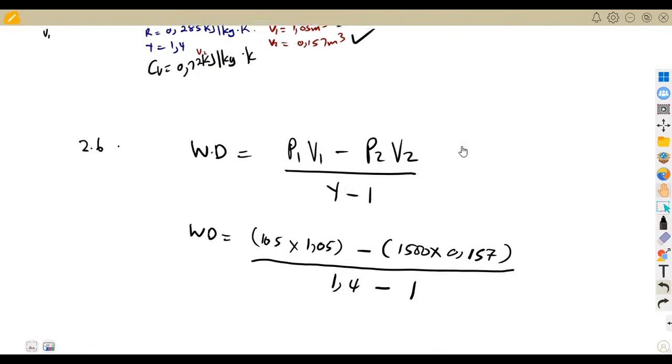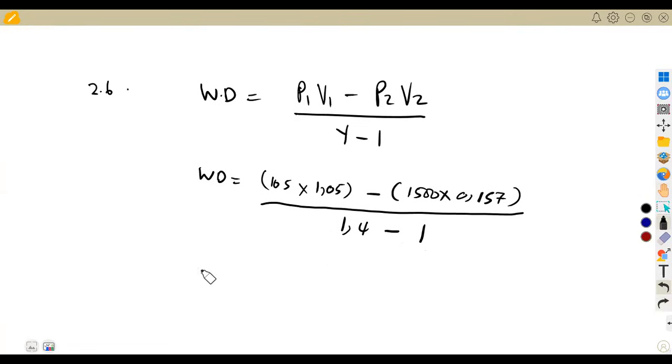So this is going to give us the work done if we apply this formula directly. There we obtain a negative, all right? So that's negative 313.125 kilojoules. The purpose of the negative, if we consider it, means the work is being done on the air. The work is being done on the air, which is why we have a negative value.